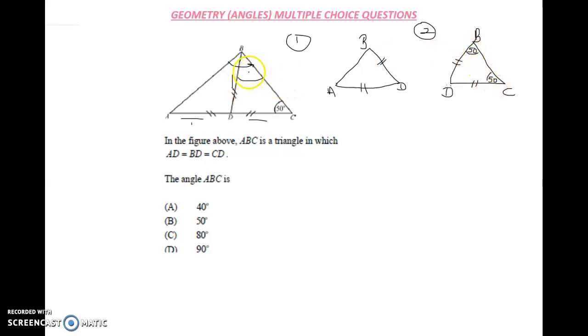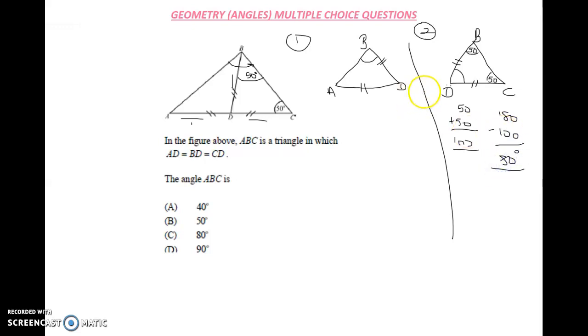So we have our two angles there. This piece here is 50 degrees. Now we need to find this angle. How are we going to find it? Well, in this triangle, we could also find angle D. Remember, the three angles in a triangle add up to 180. So you're going to say 50 plus 50, which is 100, and then 180 take away 100, which is 80 degrees.